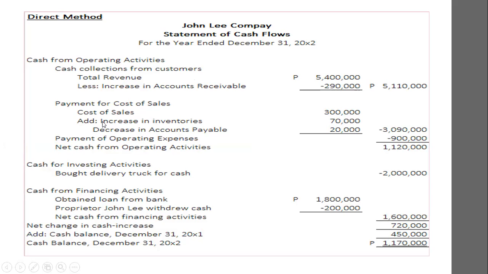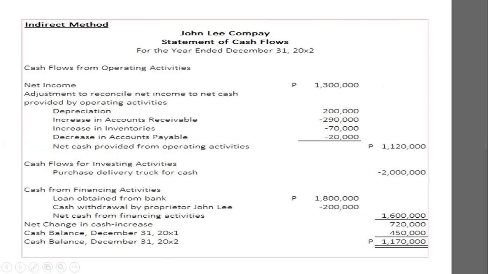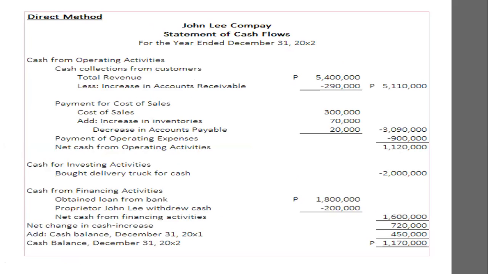Okay? Next, payment for cost of sales. Cost of sales yung 300,000. Ito po yan. Ay, sorry, may typographical po pala tayo dyan. Itong cost of sales po, hindi talaga siya 300,000. Based dun sa illustration, ito po ay 3 million. Pa-correct na lang po sa module nyo.